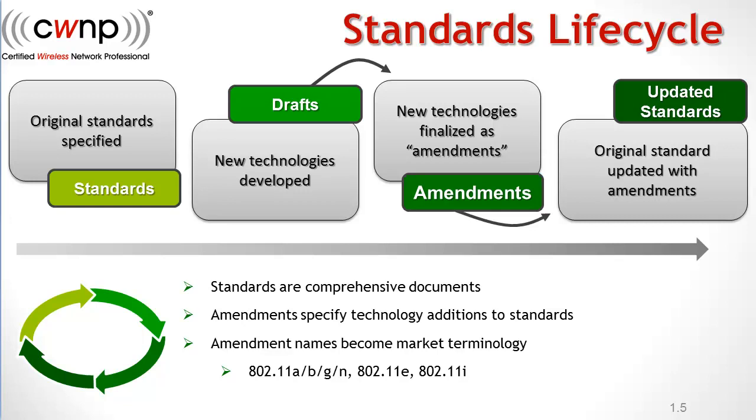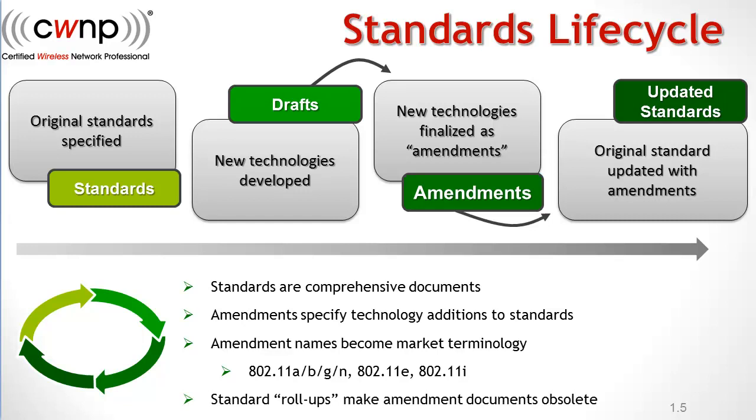That is to say, 802.11b implemented HR/DSSS. 802.11a implemented OFDM. 802.11g implemented ERP-OFDM. And 802.11n implemented HT. 802.11ac will implement VHT. But guess what? We'll probably see boxes that say this is an 802.11ac device.